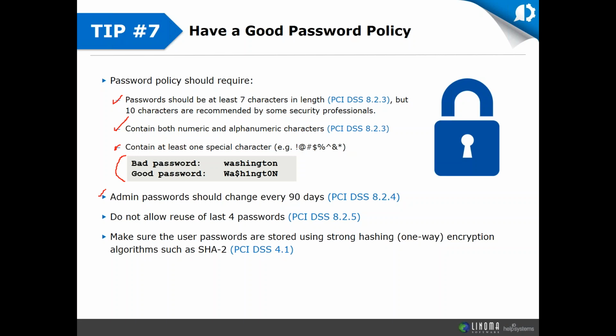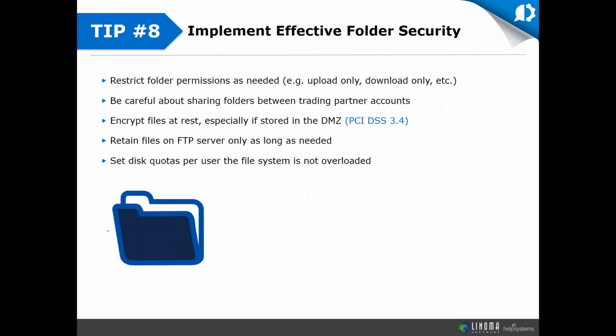To comply with the PCI requirements, you should change admin passwords at least every 90 days, and you should also consider changing trading partner passwords on a regular basis. And the last 4 passwords should not be able to be reused by the user. And if the FTP server is storing those passwords in a database, make sure they're stored using a one-way hash algorithm like SHA-2 so they can't be decrypted by an attacker.